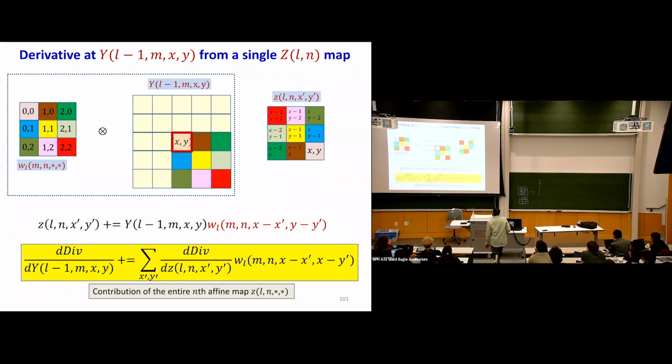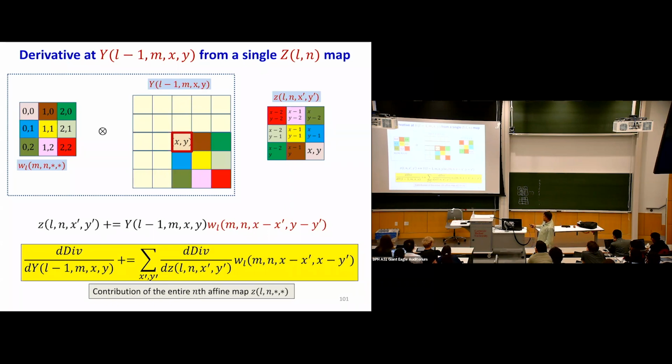The general thing is, if I want to compute the derivative with respect to Y at any xy, I first flip the filter channel. Again, this is the nth output channel, and this is the mth input channel. So I take the mth channel of the nth filter and flip it left to right, top to bottom.